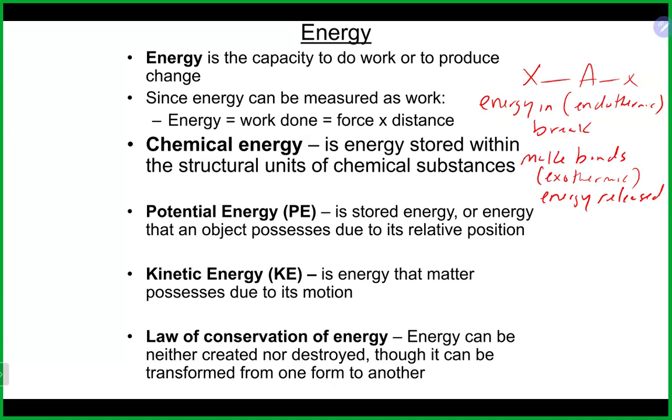Yeah, so like potential energy, which is the next one on there, there's potential energy kind of stored within those bonds, right? And when you make bonds, there's a certain amount of energy stored when they come together that can be released. So potential energy is stored energy and is based on its relative position.